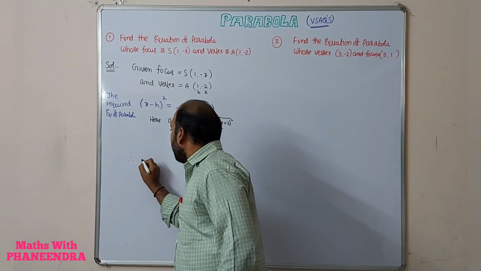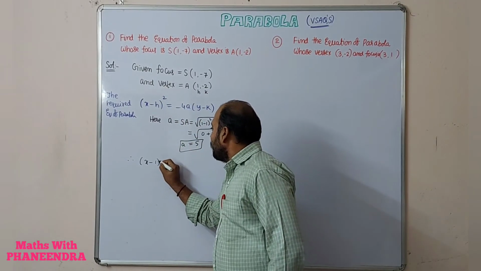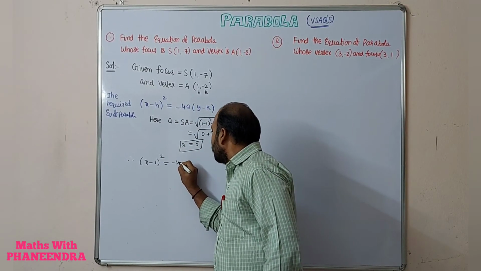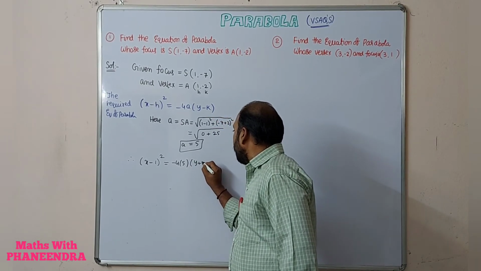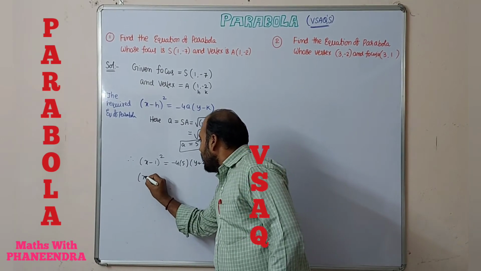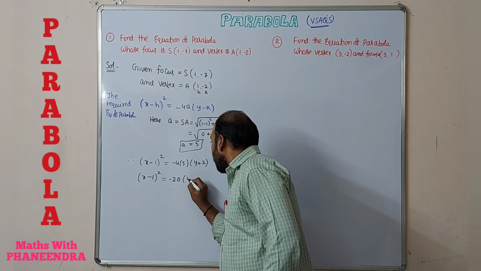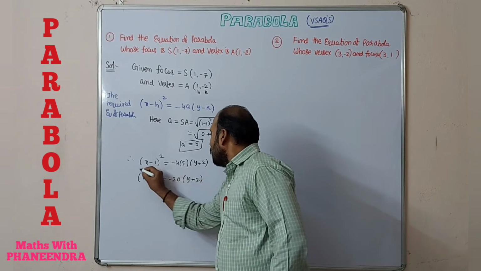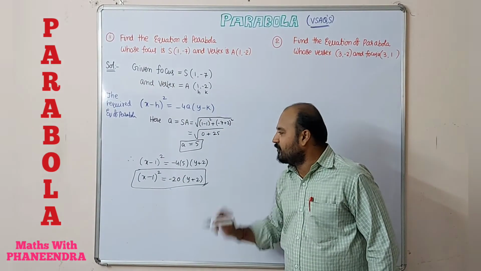Therefore, the equation of parabola: x minus h, that is x minus 1 whole square is equal to minus 4 into 5 into y minus of minus 2, that is y plus 2. So x minus 1 whole square is equal to minus 20 into y plus 2, which is the required equation of parabola.